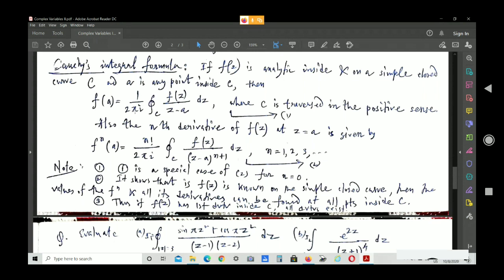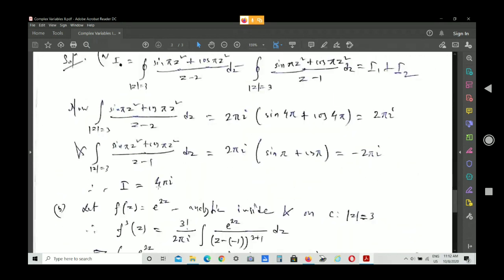This will be given by twice pi i into f of a. Just take this factor to the left hand side. So the value of this integral is given by twice pi i into f of a. Here we are in that same situation. This function is analytic inside and on this curve, and z equal to 2 is a point inside this curve.